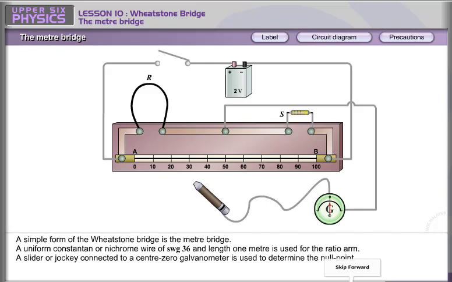A simple form of the Wheatstone Bridge is the meter bridge. A uniform constantan or nichrome wire of standard wire gauge 36 and length 1 meter is used for the ratio arm. A slider or jockey connected to a center zero galvanometer is used to determine the null point.